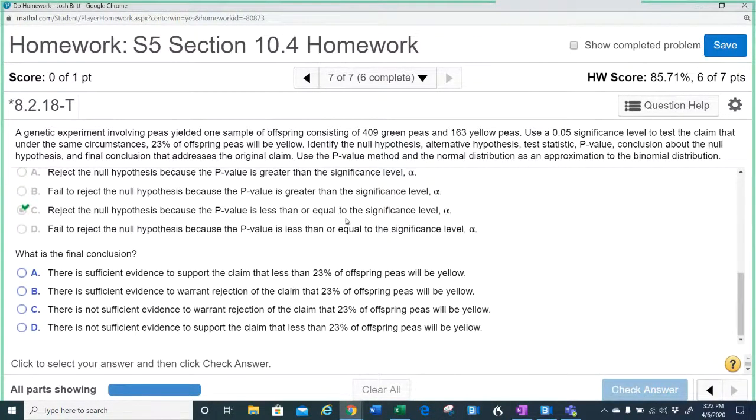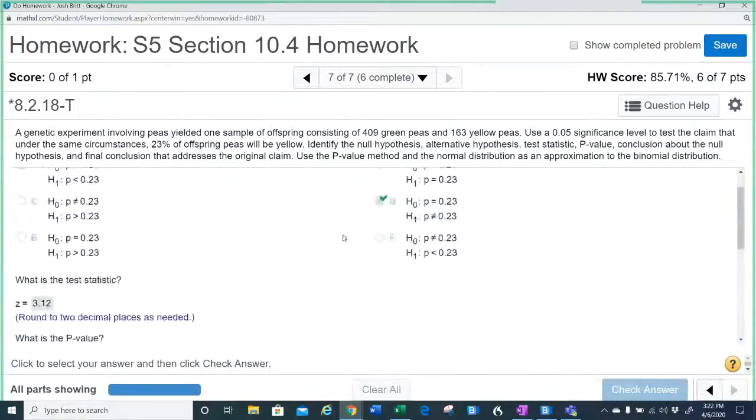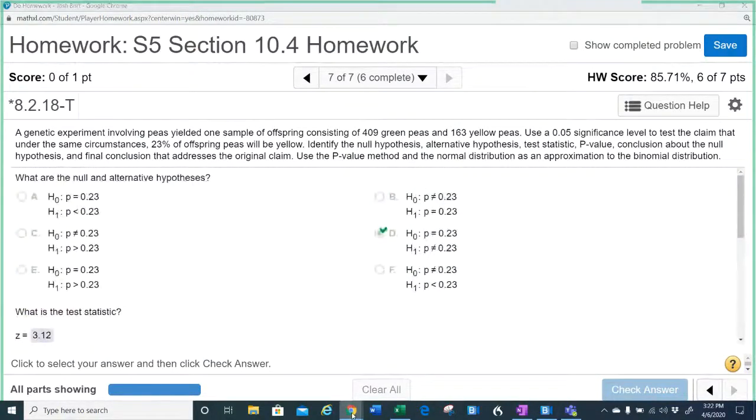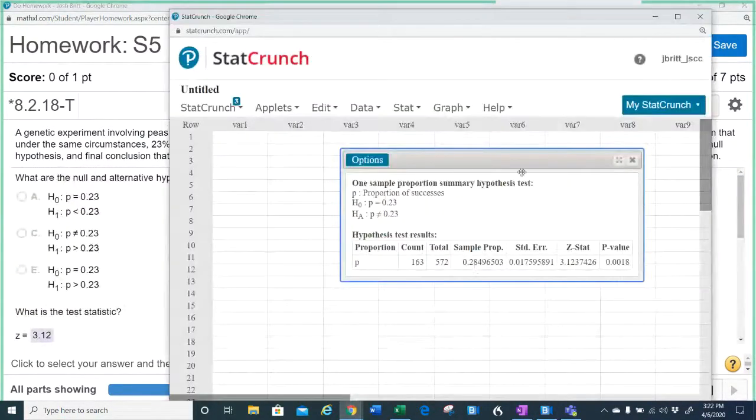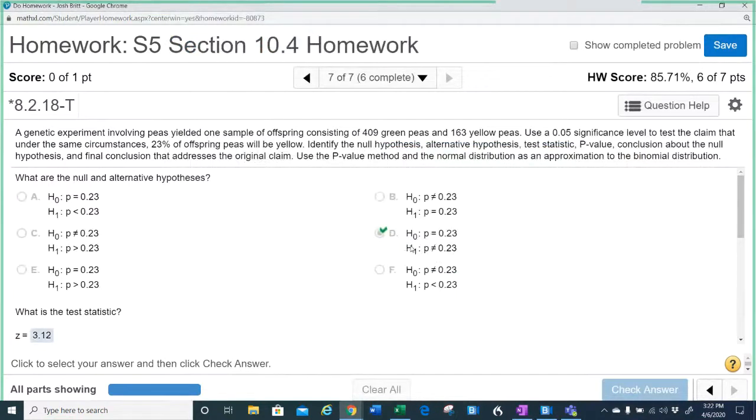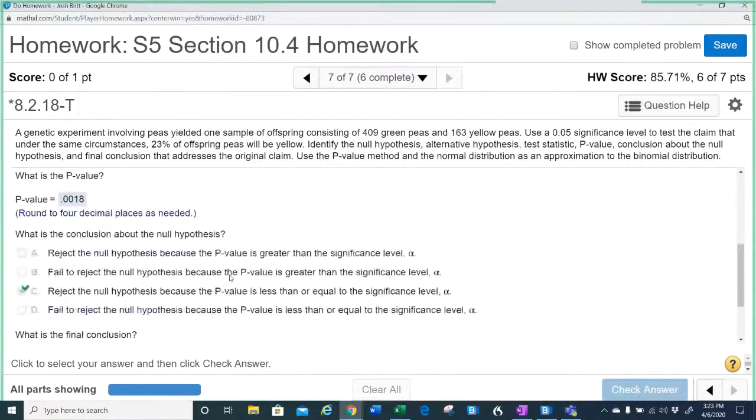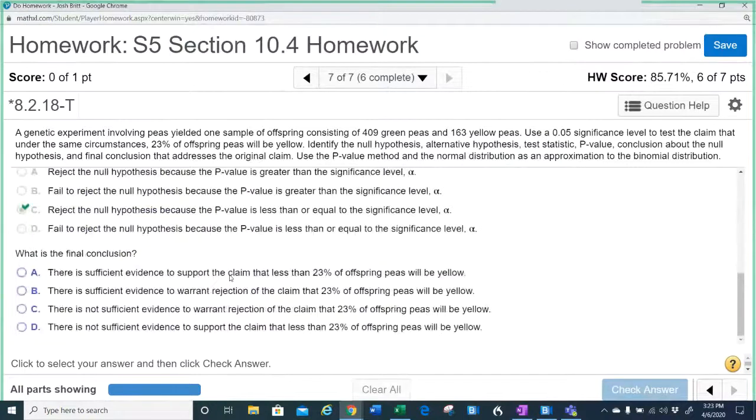And just curious, what was our sample statistic? Let's think about this one. What was our sample statistic? 0.28. Now we got 0.28. And if we support that it's not 0.23, which we are, then that would mean that there is sufficient evidence for the claim.